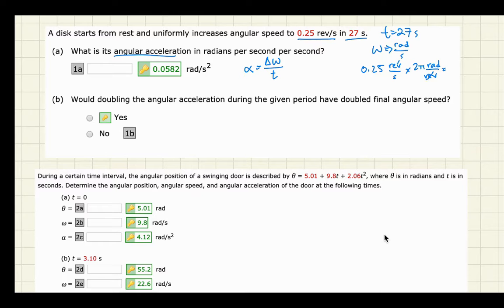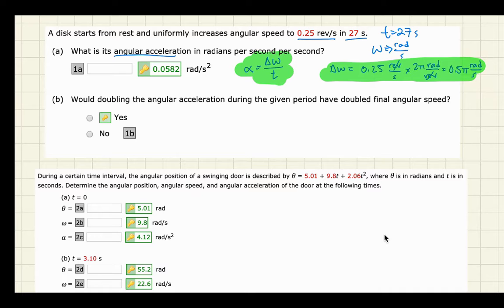So my revolutions will cancel, and I'm left with 0.5 pi radians per second. That would be my delta omega. Then it's just a matter of plugging that in. You should have that conversion be your starting point, and then substitute that back into your equation for alpha. And that would be it. So don't forget about the unit conversion there to radians per second.